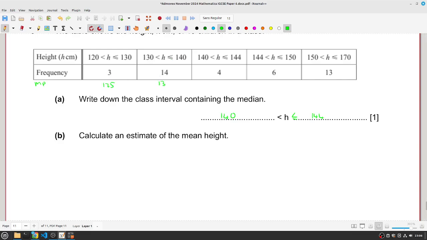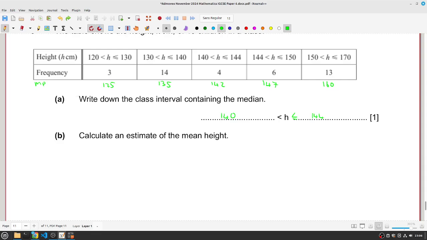And then 135 for this one. Between 140 and 144 is 142. 144 to 150 is 147. Between 150 and 170 is 160. Okay, so those are the midpoints. Then we do the midpoint times the frequency.